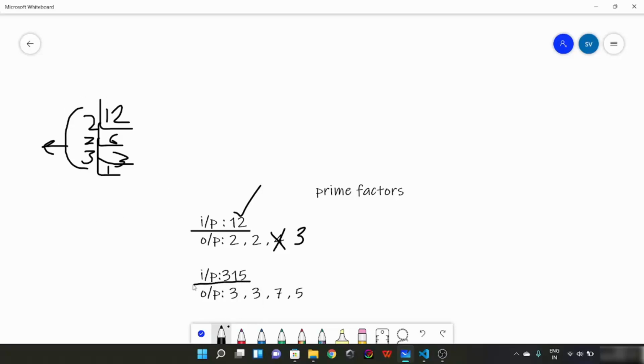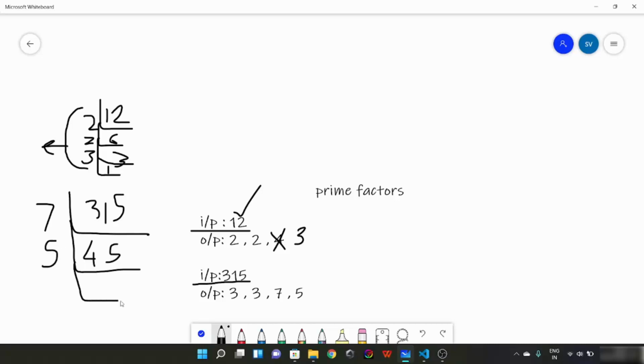Suppose the input is 315, right? Then let's divide by 7. Then let's divide it by 5.